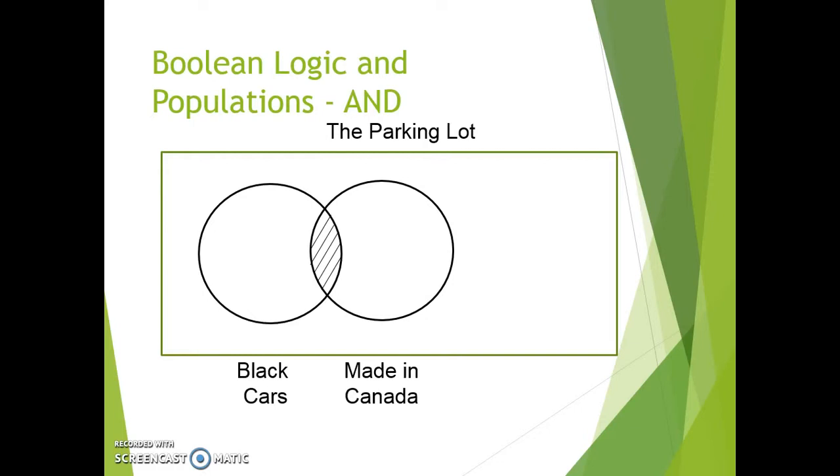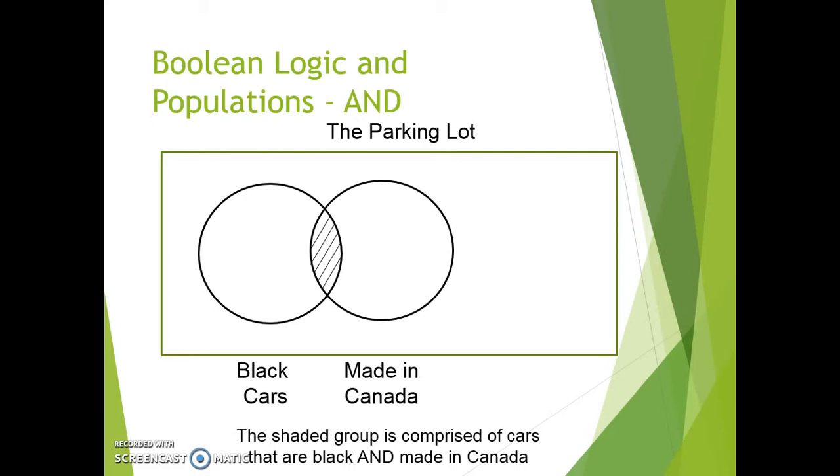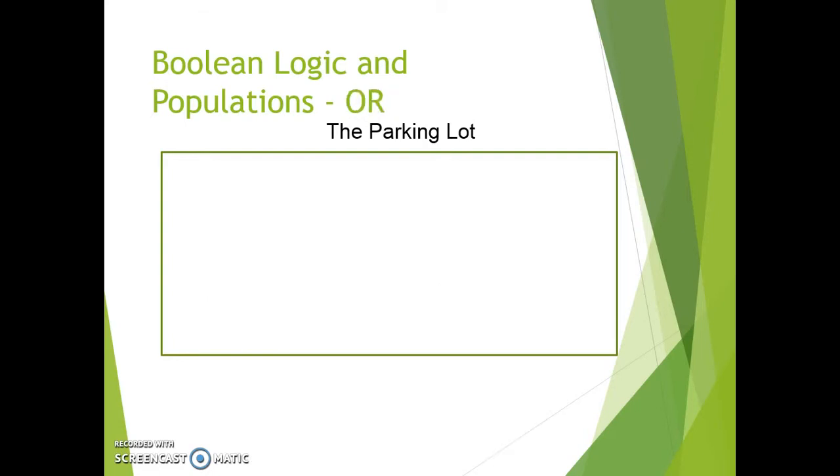And incidentally, we have a special name for these diagrams. They're called Venn diagrams. So the shaded group is comprised of cars that are black and made in Canada. The other operators work in a similar fashion, looking at the populations, and we can illustrate these again using the parking lot.